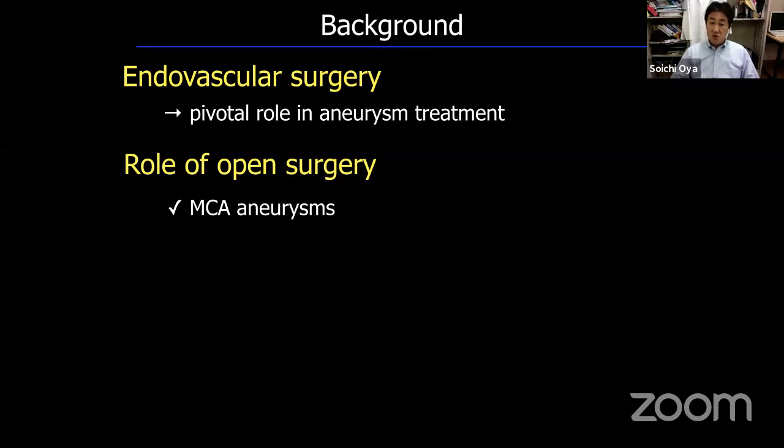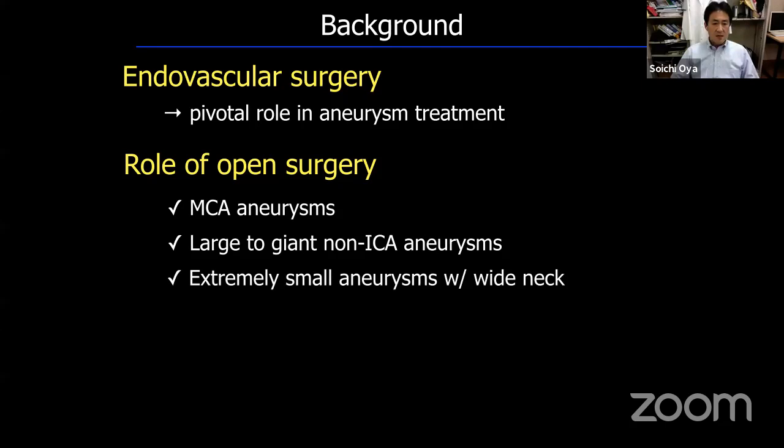All the previous literature to date advocates open surgery over endovascular surgery. And also large to giant aneurysms arising at the non-ICA intracranial arteries. In addition, the extremely small aneurysms with wide neck, including the broad bristle-like aneurysm.